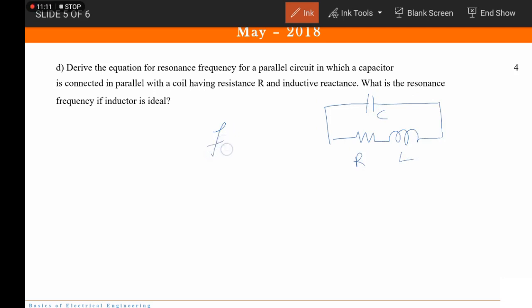And they are asking the resonance frequency. Now this resonance frequency for parallel circuit has already been done in our regular lectures. Okay, so you can refer to that lecture. It is under the topic of parallel resonance. Fine.